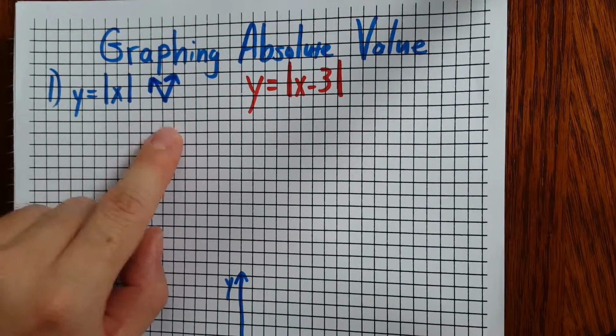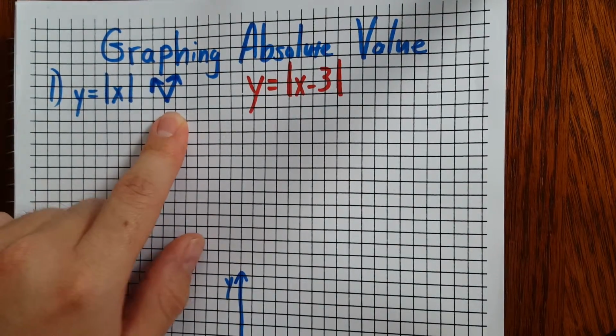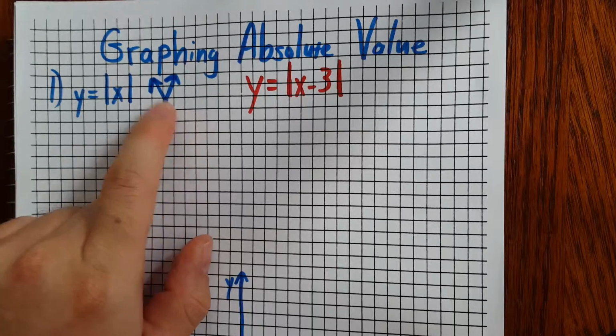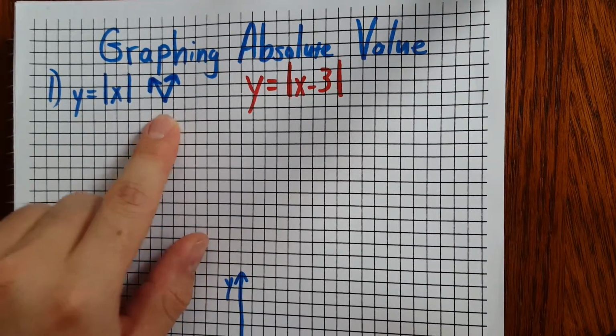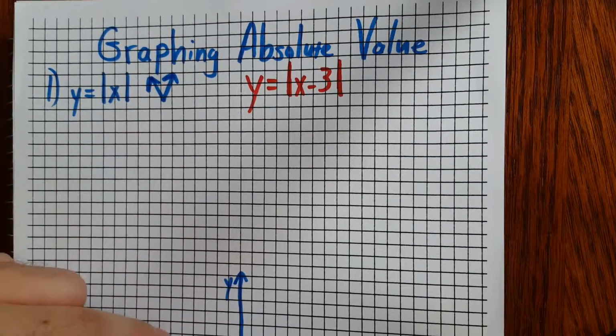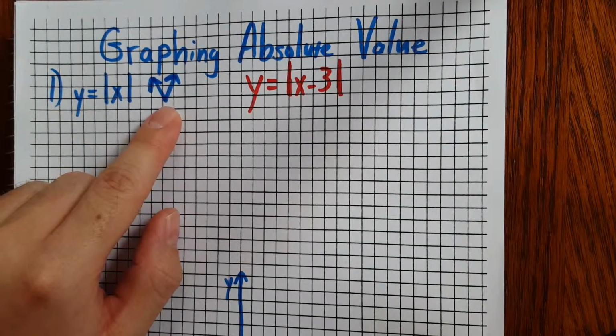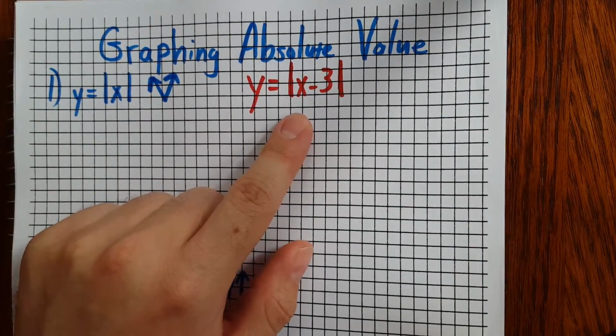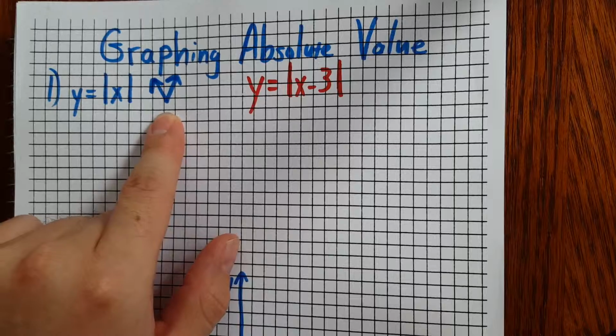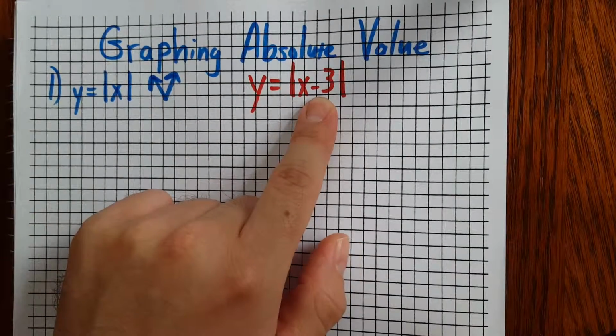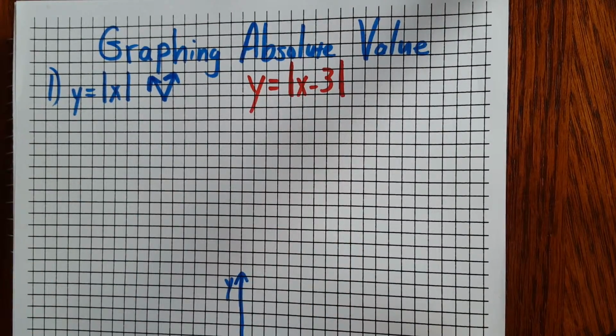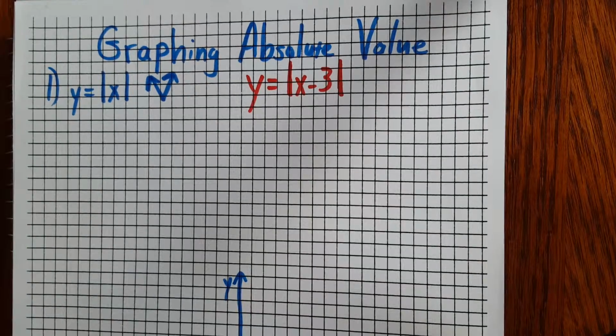So whatever your graph is going to do for the absolute value will be some variation of this. So when I finally graph this one on the graph below, you're going to see it will look like this. Even this one will take this shape right here. This minus 3 is just going to adjust it just a little bit. And I'll show you how to do that.